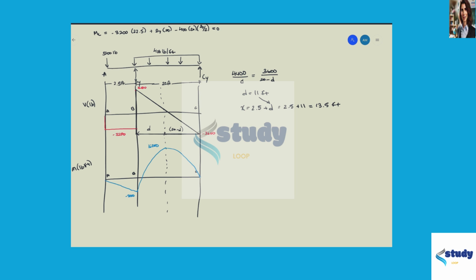To calculate the magnitude of the maximum bending moment, M max is equal to negative 3,200 times X, which is 13.5, plus B in the y direction times D, minus 400 times D times D over 2, which gives us negative 3,200 times X plus 7,600 D minus 200 D squared.